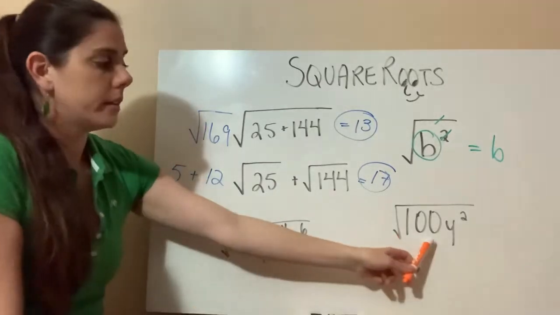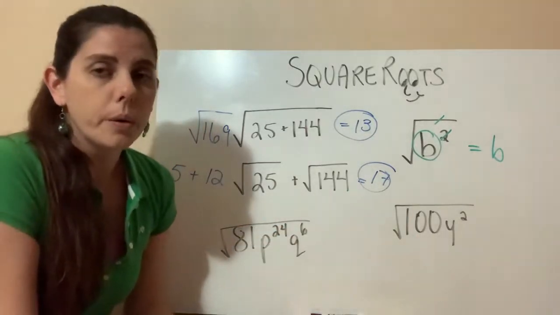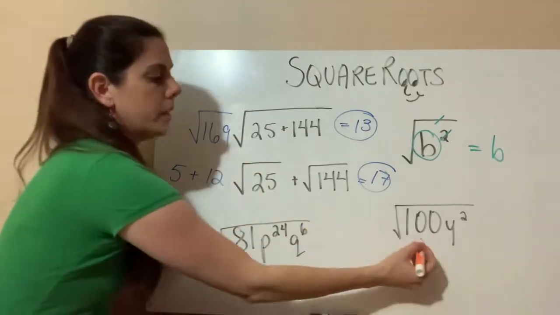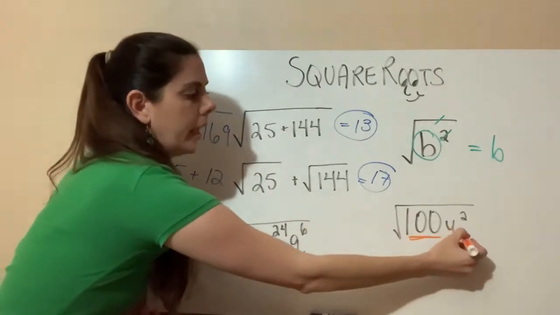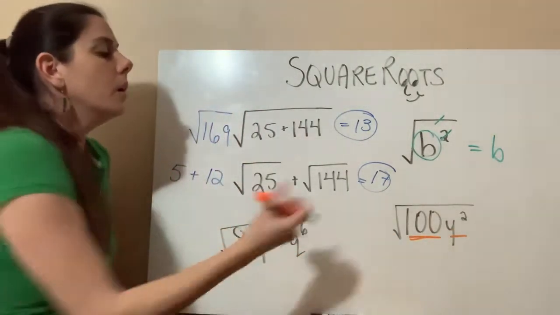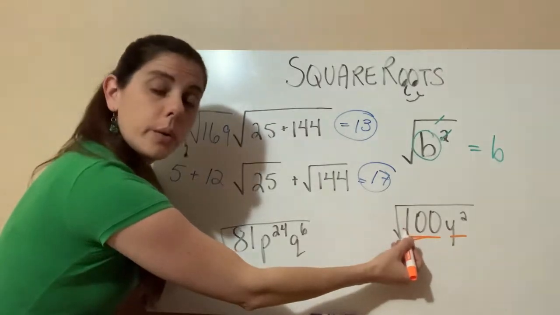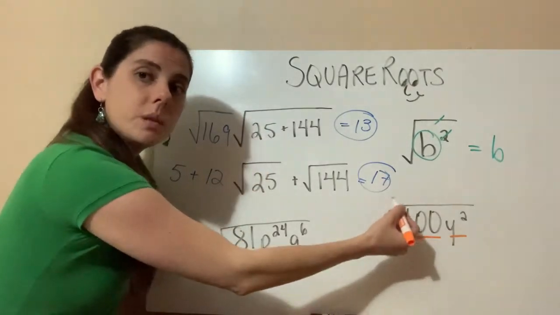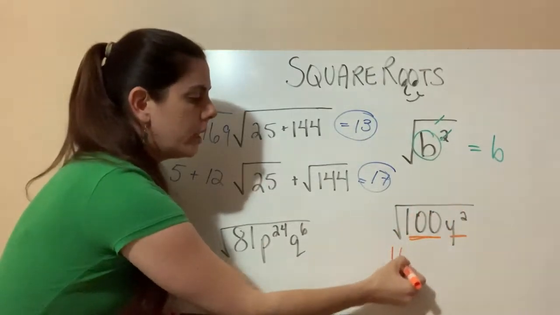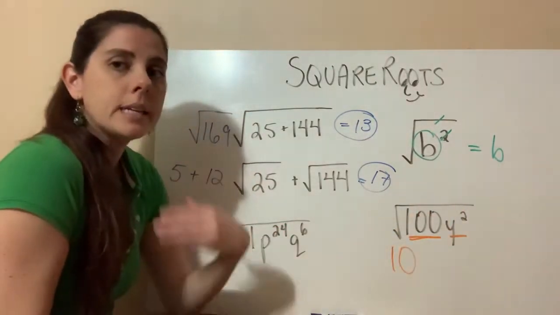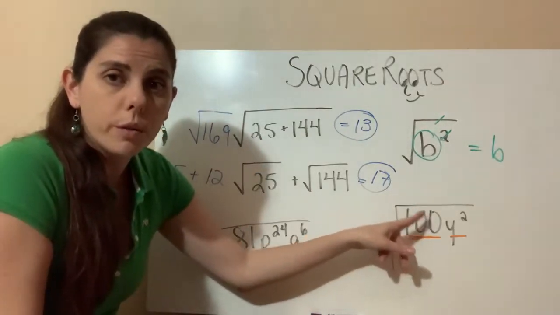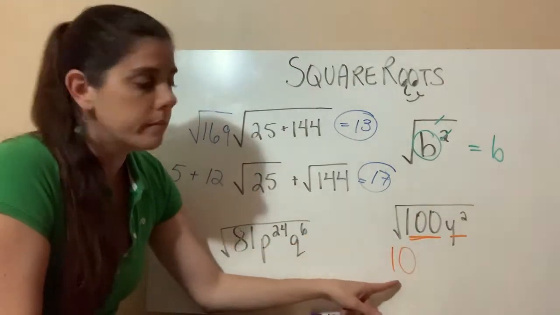We'll come down to this one next, the square root of 100y squared. Now we've got two pieces: a coefficient and a variable with an exponent. What's the square root of 100? What times itself will equal 100? We know that's going to be 10, since 10 times 10 equals 100. Therefore, the square root of 100 equals 10.